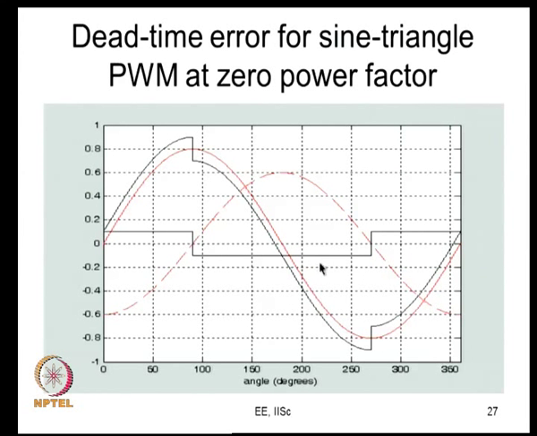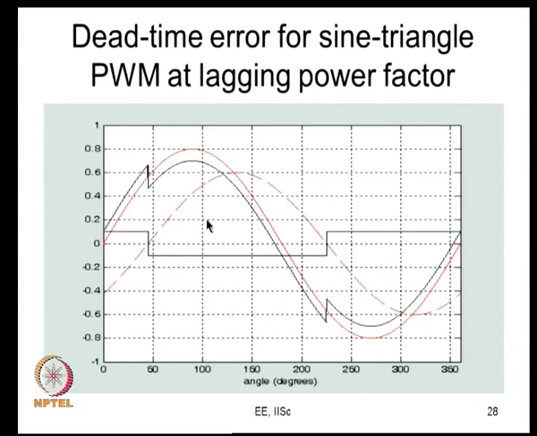The square wave's amplitude depends upon the dead time, the DC bus voltage and the switching frequency, and this square wave is out of phase with the fundamental current. This is true not only for this power factor, which is incidentally 0 power factor, this is true for every other power factor. Here we have shown something like 45 degrees lagging current, same sinusoidal PWM. So, this is the error voltage, square wave, same amplitude, out of phase with the fundamental current.